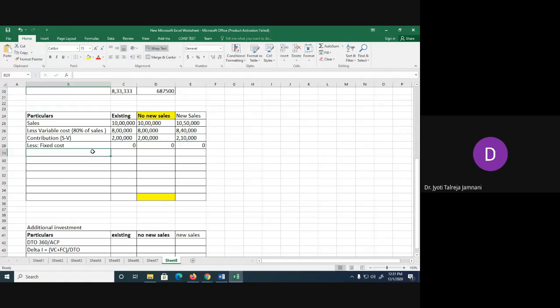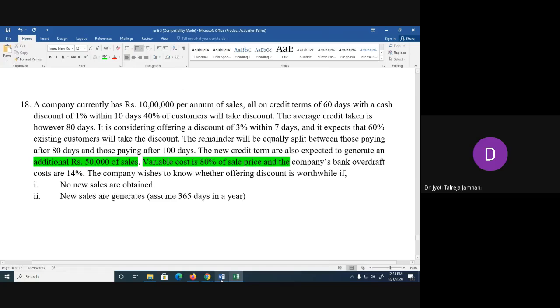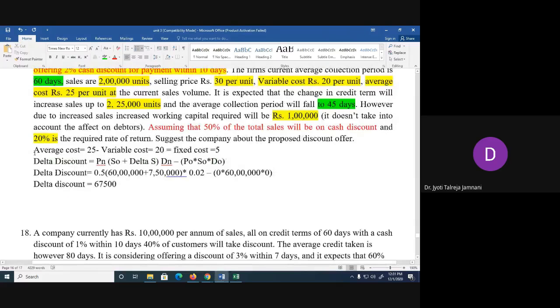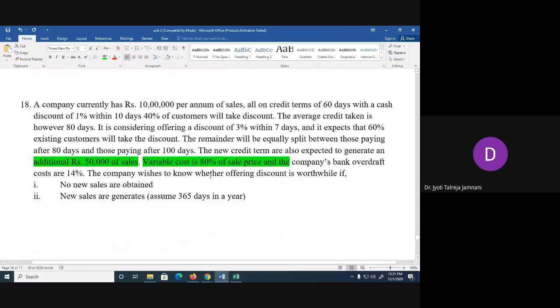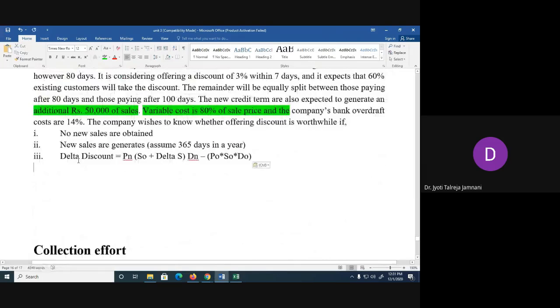Now we have to do less discount. So for discount, first we will calculate discount for existing.